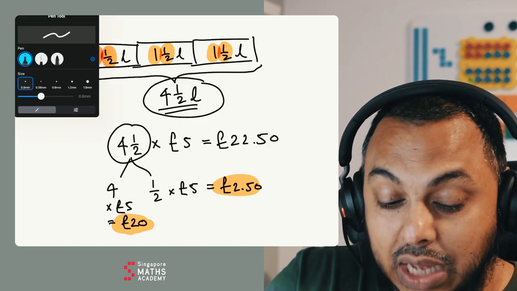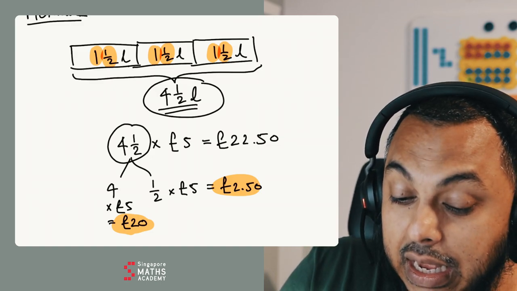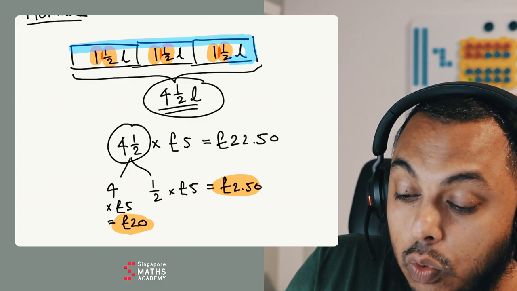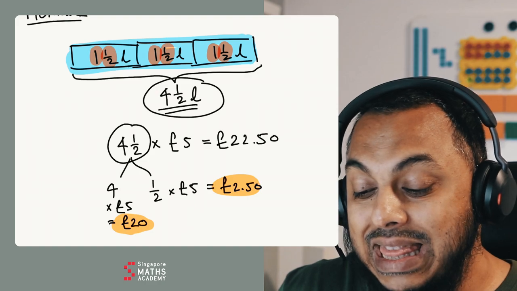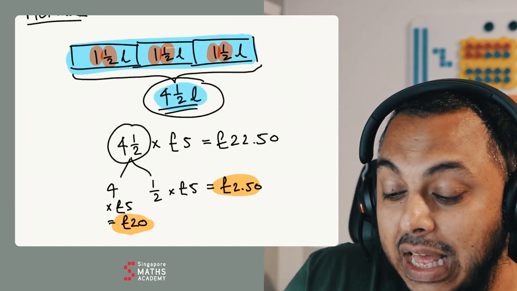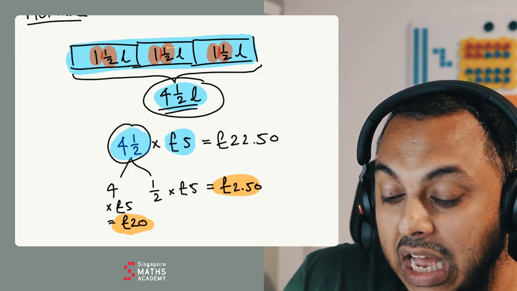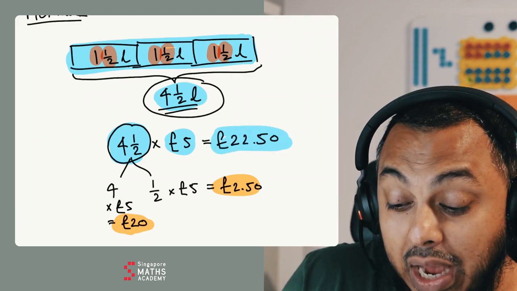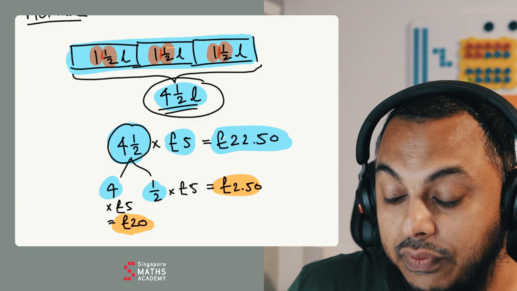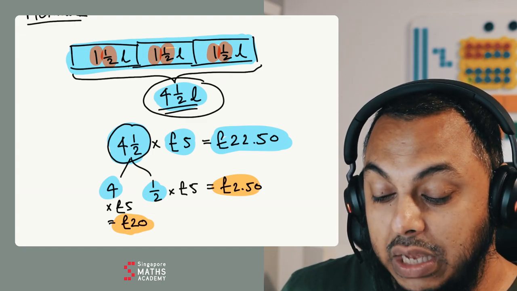I worked out the total amount of syrup I'm using, which is all of that. That's the total amount. And then after working that out, I know each 1 litre is £5. So I calculated how much it would cost for 4.5 litres, which was £22.50. And the way I did that, I split my 4.5 like this. And then I worked out 4.5 times 5 is £22.50.